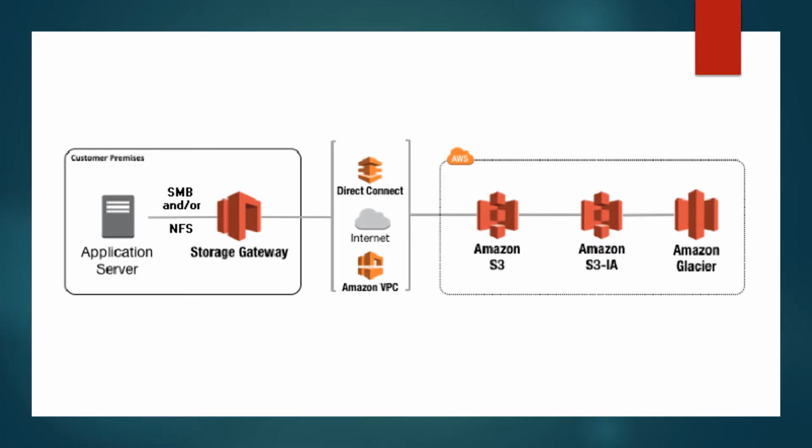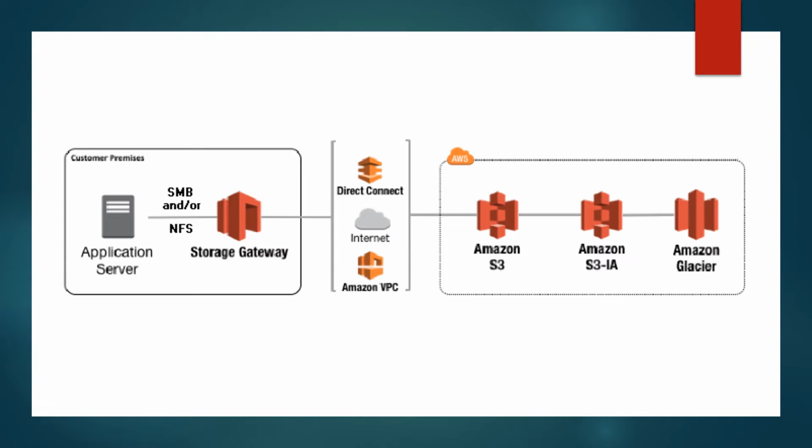Now, let's quickly look at the architecture. In this diagram, you can see that a Storage Gateway is hosted on customer premises and can be connected to AWS infrastructure through various mediums, that is either over the internet, using Direct Connect, or through Amazon VPC.